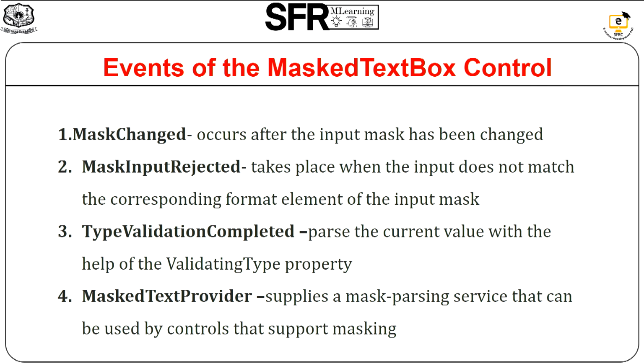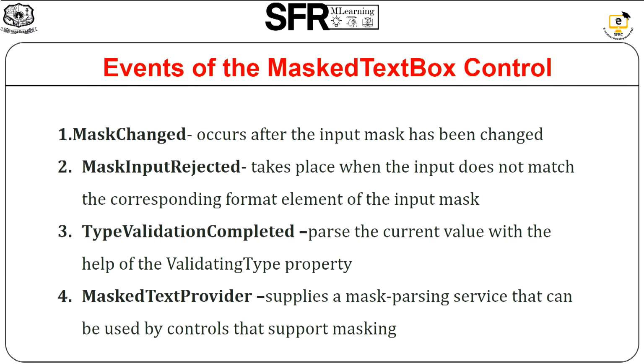The fourth property we are going to discuss here is masked text provider. The masked text provider property supplies a mask parsing service that can be used by controls that support masking. Many text boxes do not support masking, but our masked text box control fully supports masking, and the input value given by the user must satisfy the input mask value.